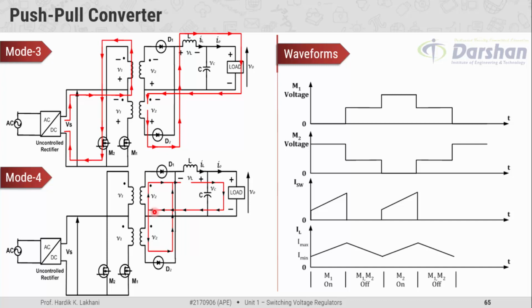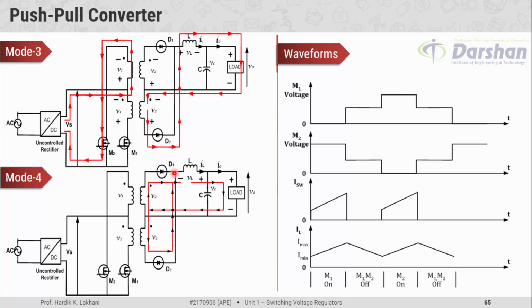The first part would flow through the upper secondary winding. It passes through diode D1 and it reaches this junction. The second half of the current will flow through the lower secondary winding. It passes through this diode D2 and it reaches the same junction.